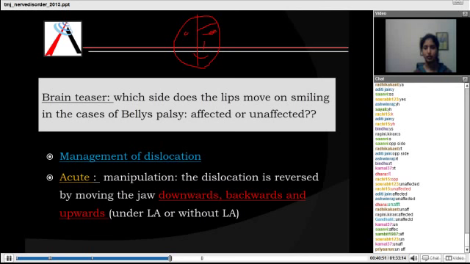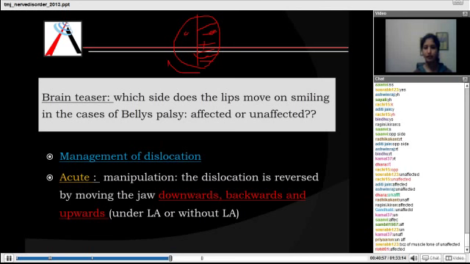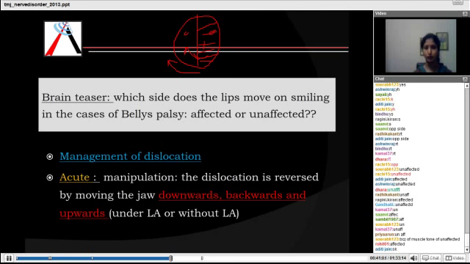This is your affected side. If you tend to smile, where will your lips move? It will move to the unaffected side because it cannot move on the affected side. It's already paralyzed, right? So your lip will tend to move on this side. Okay?